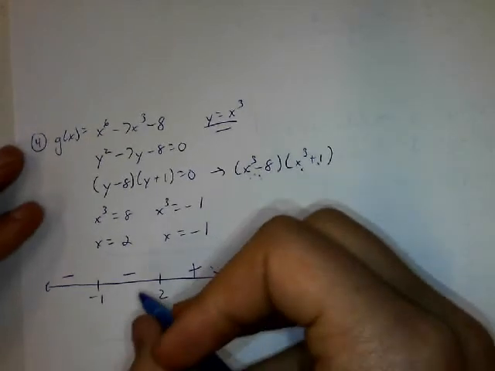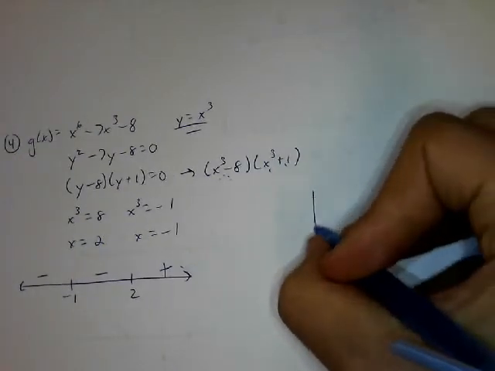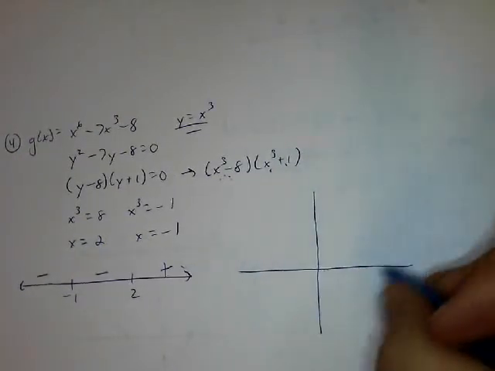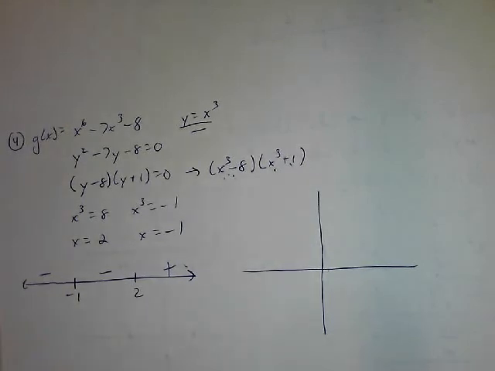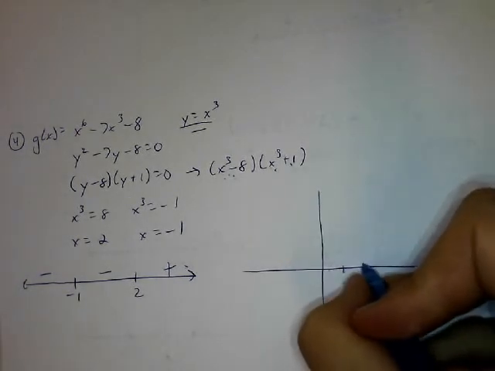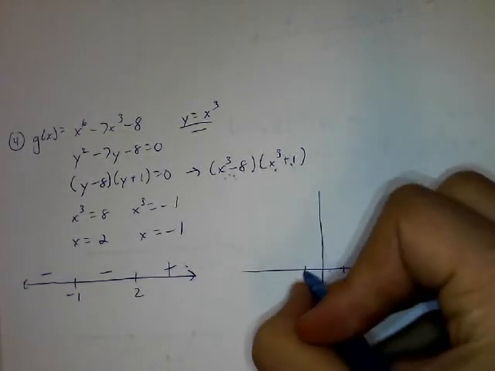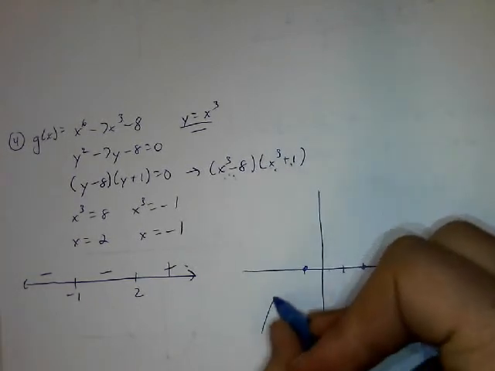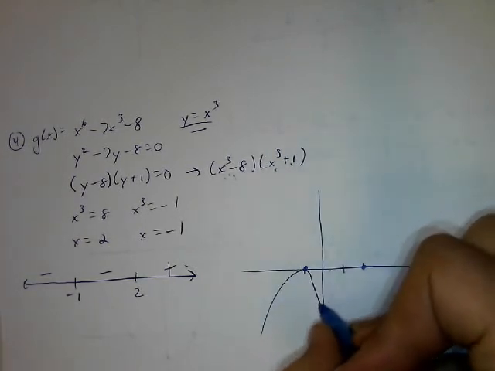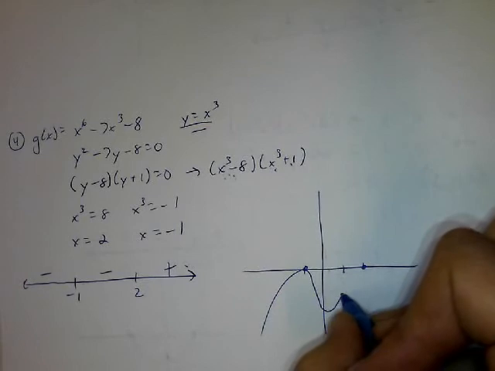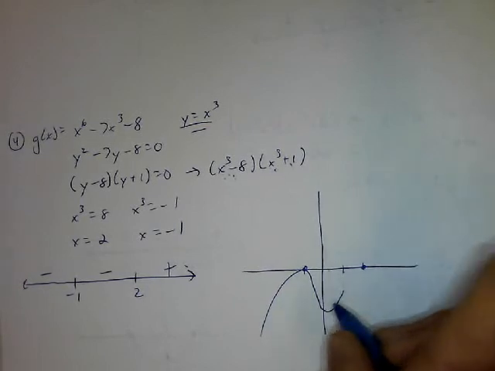Therefore, this graph would have to have a double root at negative 1 and a single root at 2. So be negative, bounce back down, and then who knows what it's doing in here.